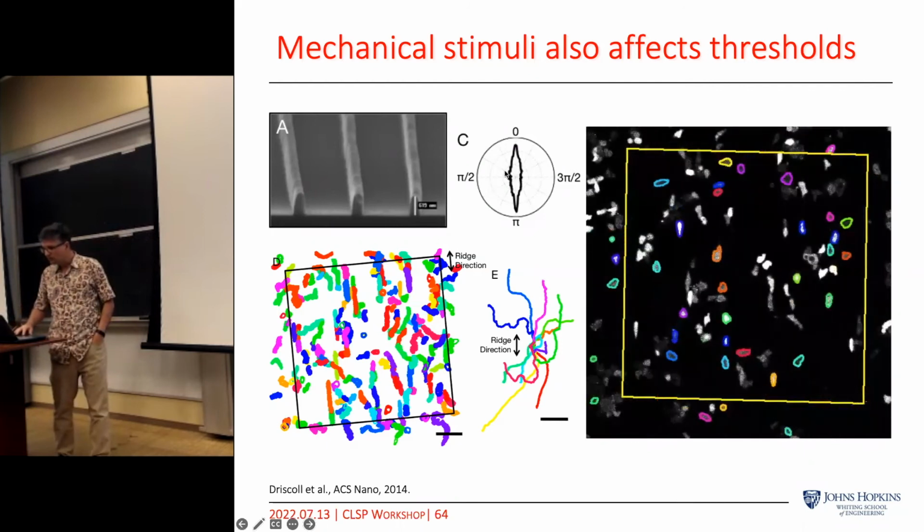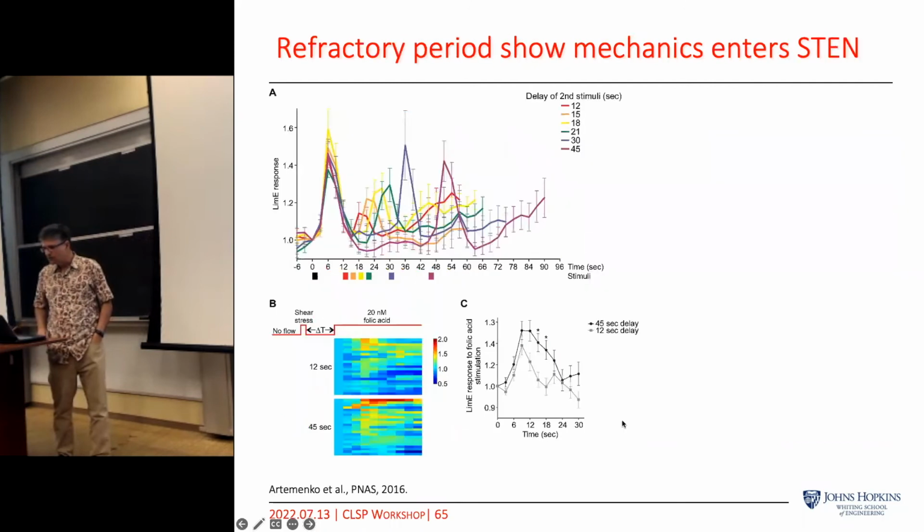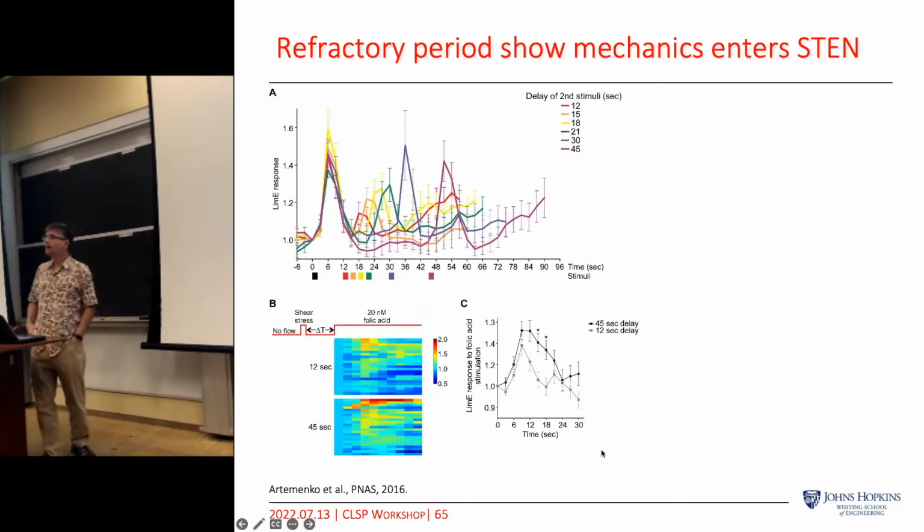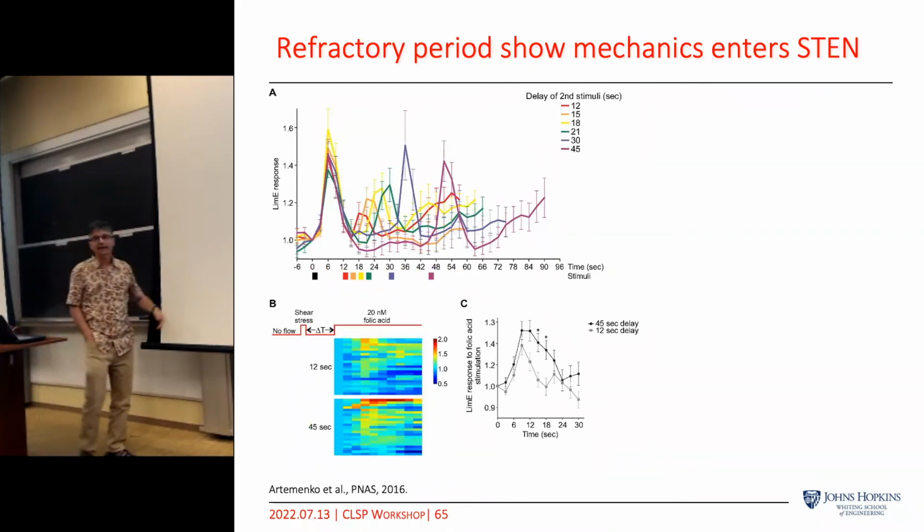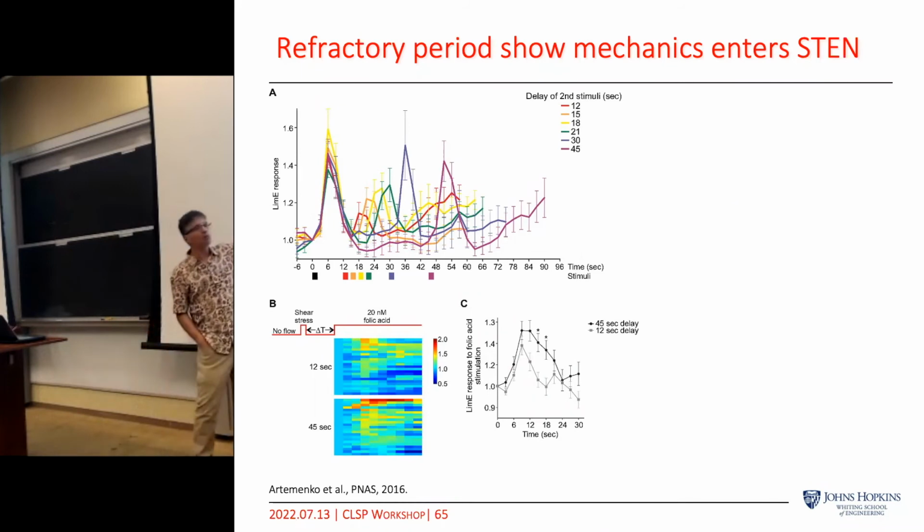Now, that was discovered a number of years ago. We know that mechanics influences the same excitable system. And how do I know this? Well, that experiment that I told you about, where we would give two chemical stimuli some time apart, we do the exact same experiment, but where one stimulus is mechanical, basically by shaking the cell, and the second one is chemical.